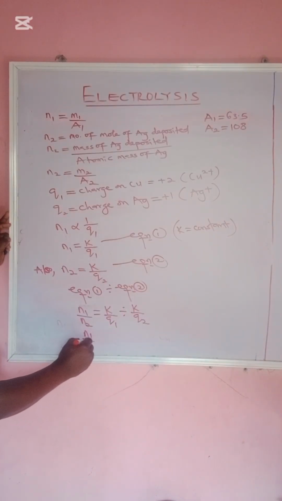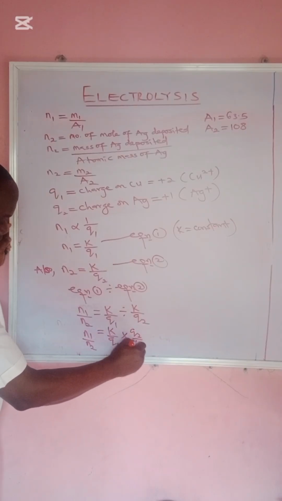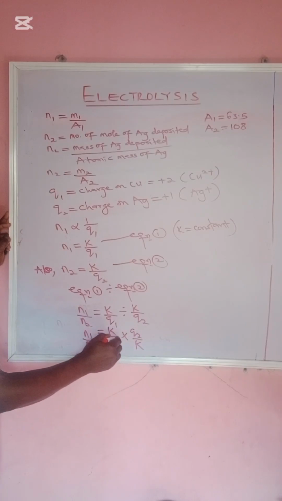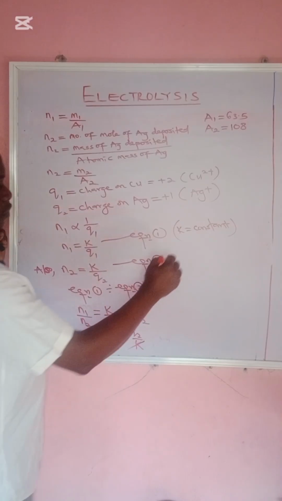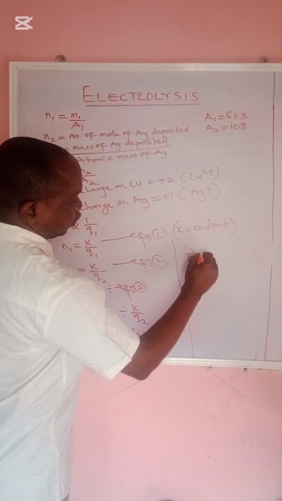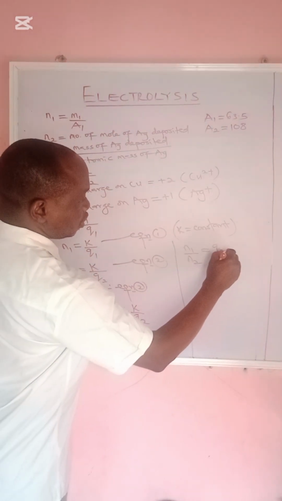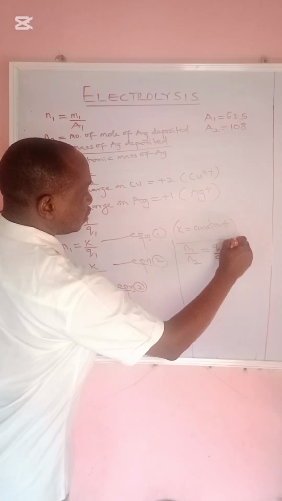So N1 all over N2 is equal to K all over Q1 times Q2 all over K. So K cancels K. Let me complete it here. So N1 all over N2 now is equal to Q2 all over Q1.